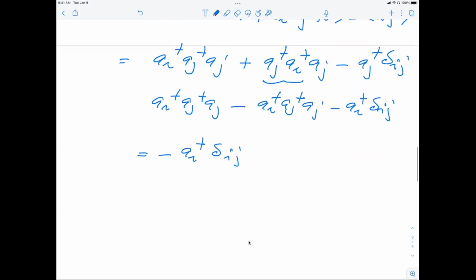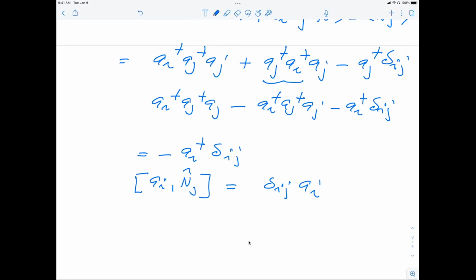You can do the same thing with A_I, and I'm just giving you the answer here. If you take these relations, what you're going to get is a delta IJ multiplied with A of I. Now it depends on what you're acting on. If you're acting on a true vacuum, this is automatically 0. If you're acting on a state which is occupied in the state I, then this is going to annihilate that state and bring you back to the vacuum state.